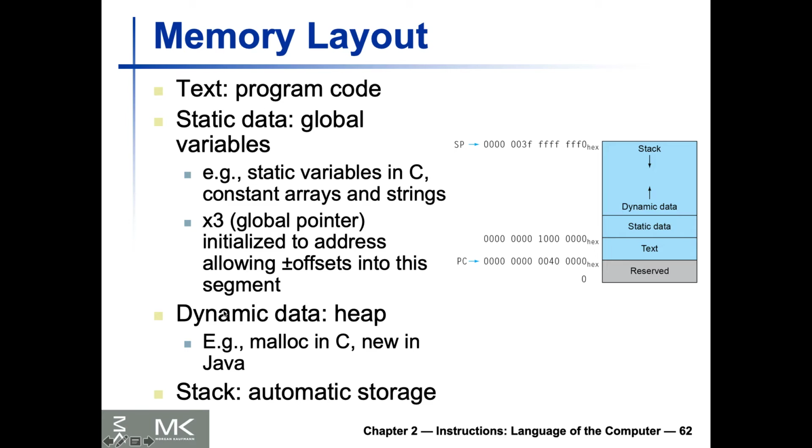For your dynamic data or heap, I mentioned that we're going to use malloc in C or new in Java. So when you use new in Java, the variable that was issued is going to use the dynamic data or your heap to save, right? In C, we're going to use memory allocation. All right.